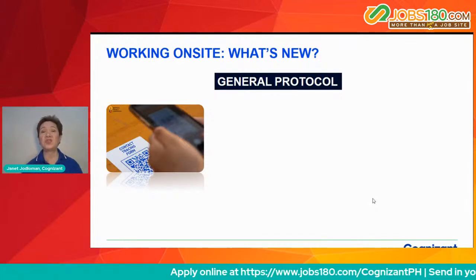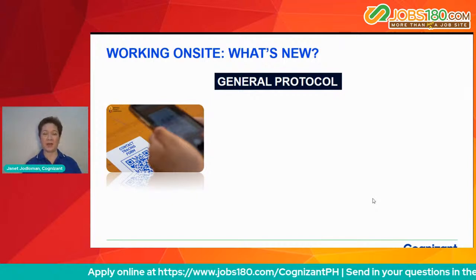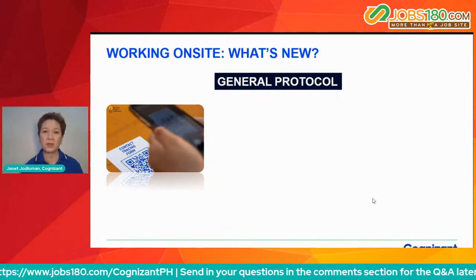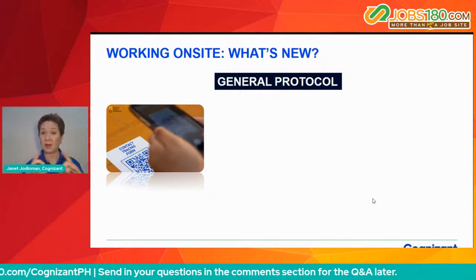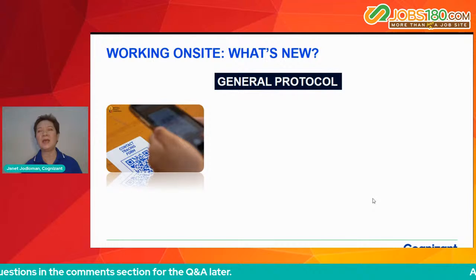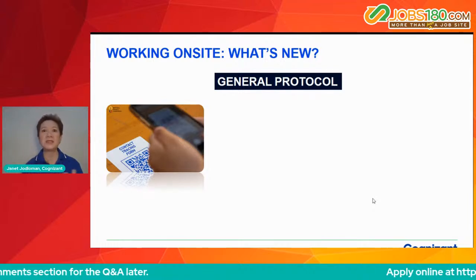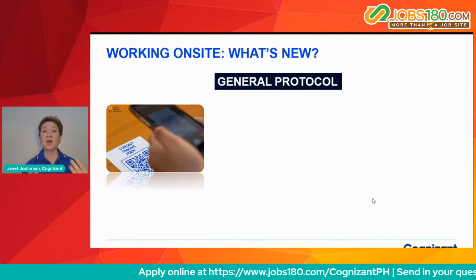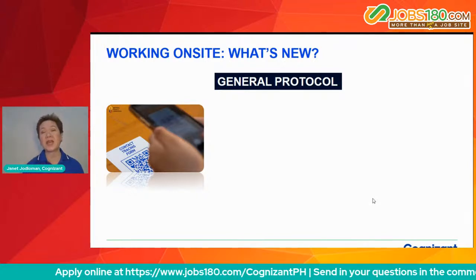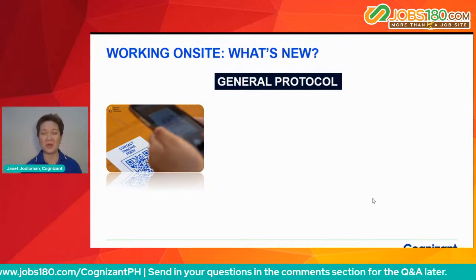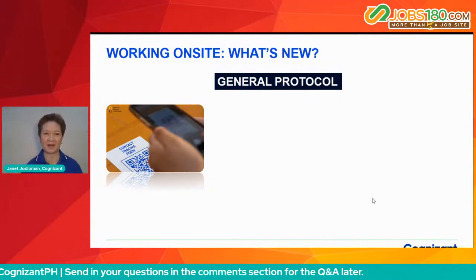Or if you just happen to be scheduled anyway, and you go to the office without filling out an online form, you have to fill out a tracing form sheet. So you have to do that. And this happens everywhere, not just for Cognizant. Again, this is very important because we want to make sure that people who come to work physically are safe, and people who are at work are also safe, depending on whoever else is there.